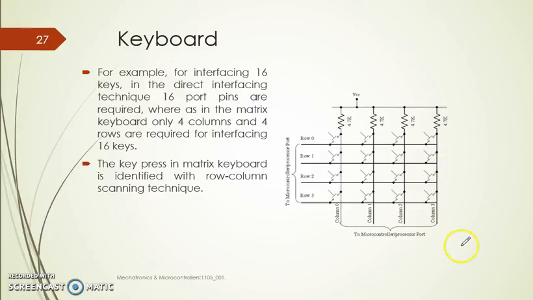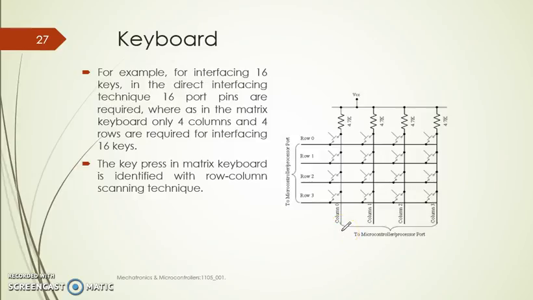If you observe the diagram, one end of the keys is connected to VCC, and the other end is connected to the controller's port pins, and even the columns are connected to the controller's port pins. So we program the port pins connected to the rows as output, and the columns connected to the port pins as input.